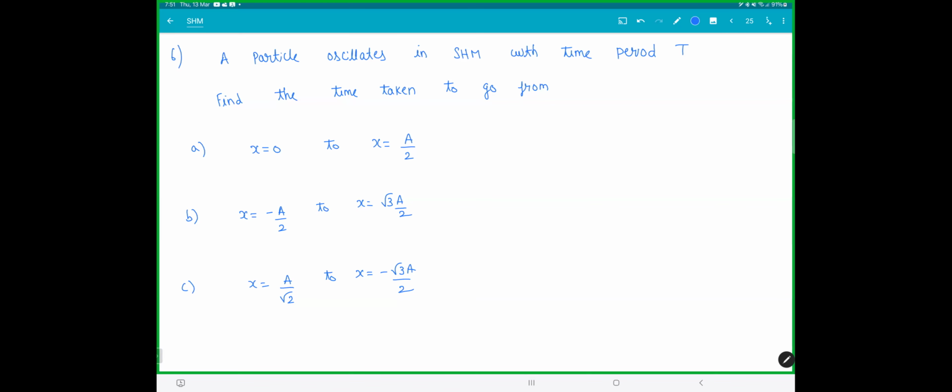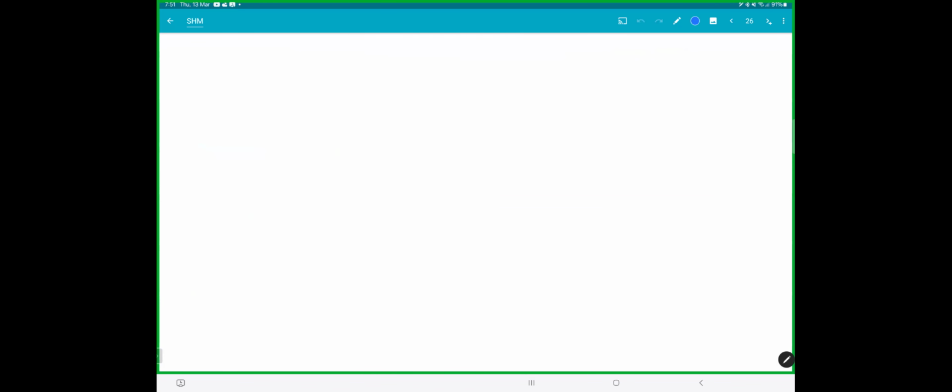Let me help you with this. Do remember the table I'm showing you now, this will help you. When you're going from x is equal to 0 to x is equal to a by 2, as you go to the right, you're actually slowing down more and more. So it actually takes more time to cover the same distance. Take x is equal to a sine omega t.